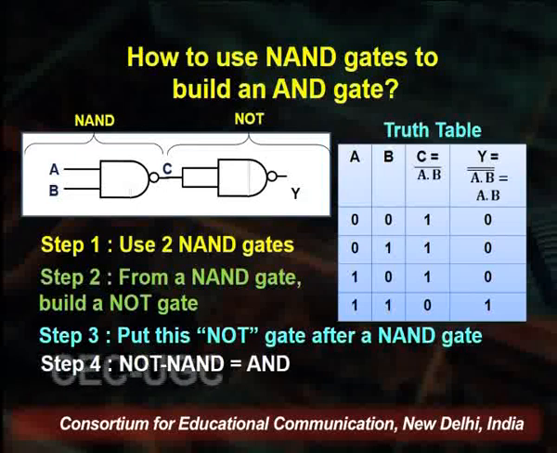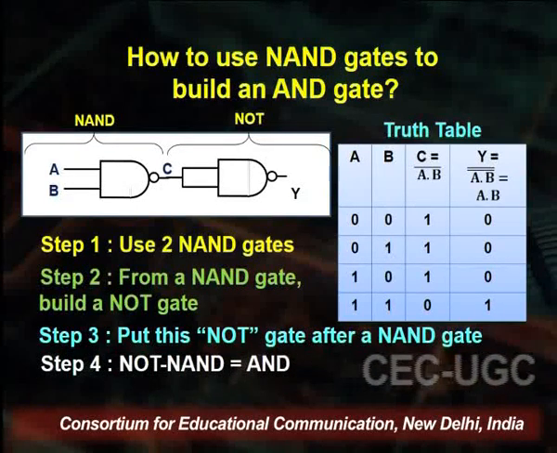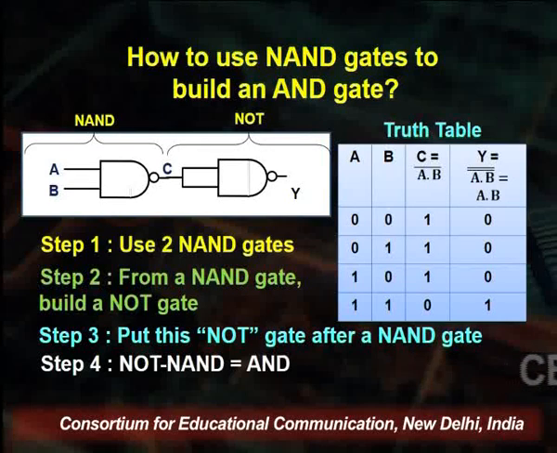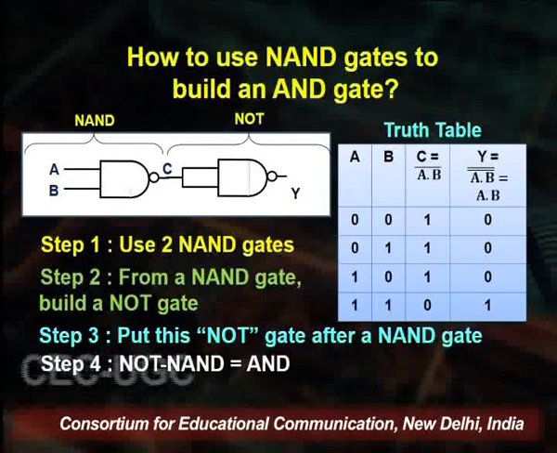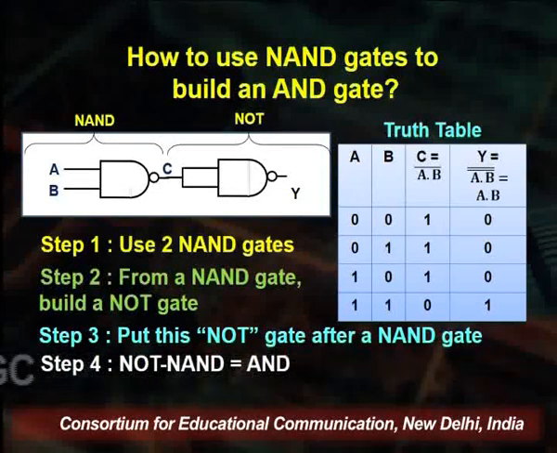That is, when A and B are 0 0, then the output of the NAND gate is 1, and vice versa. When A equal to B equal to 1, then the output is 0.